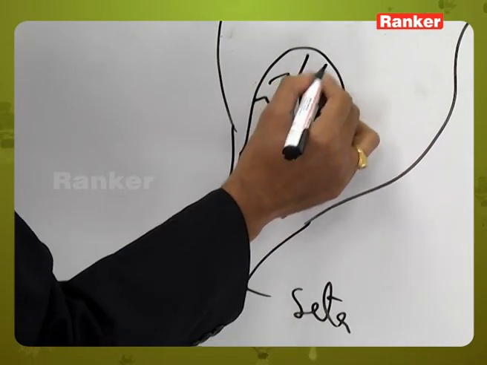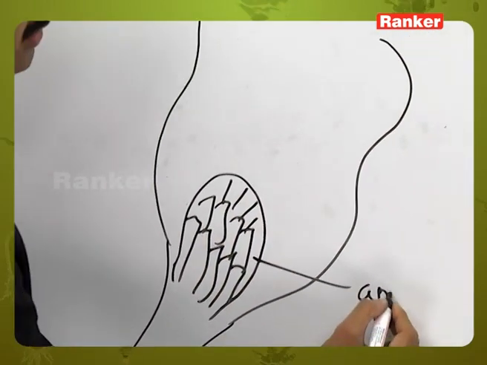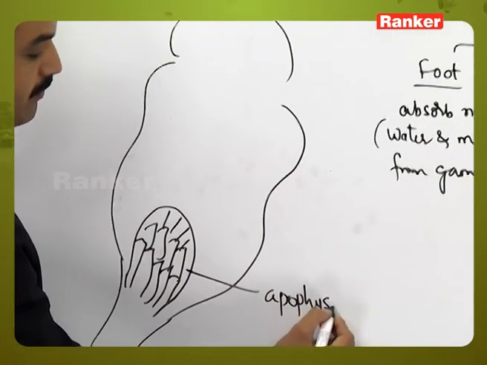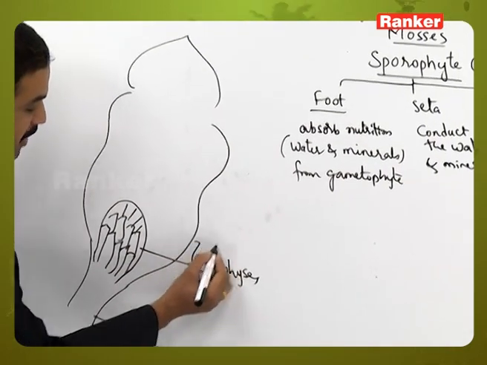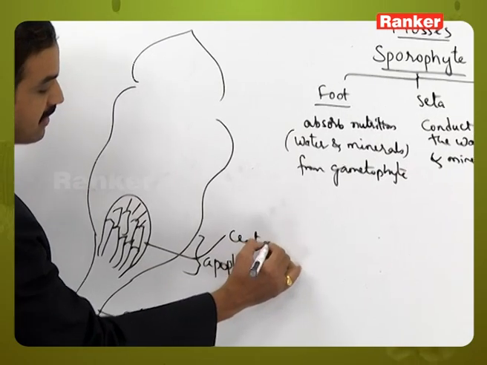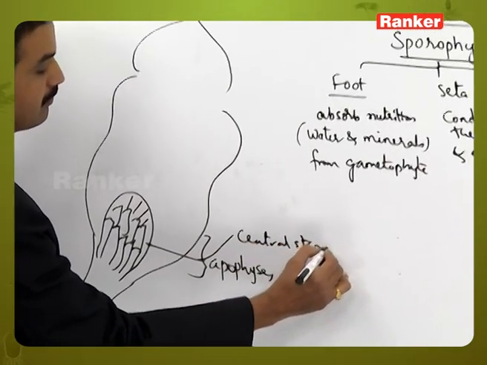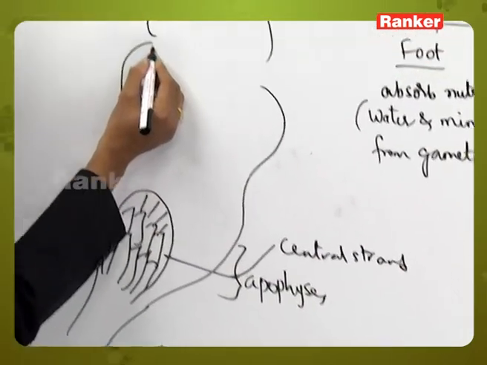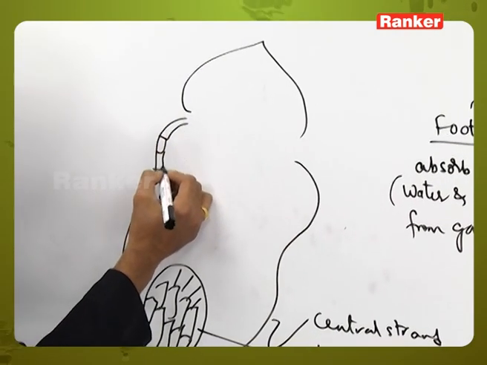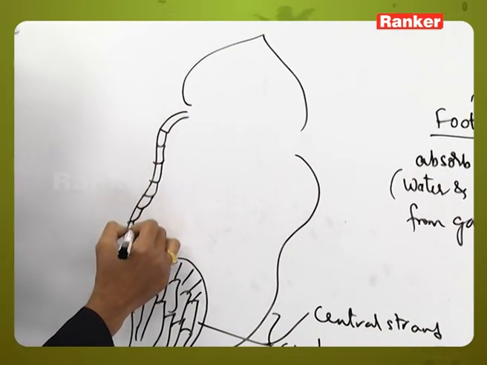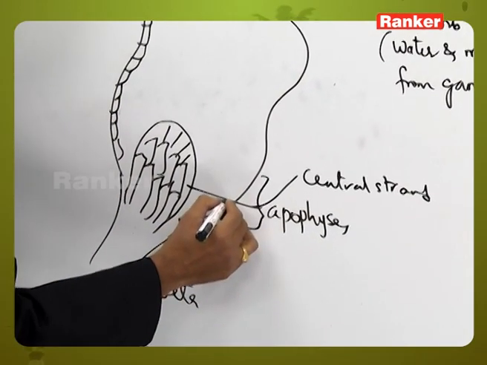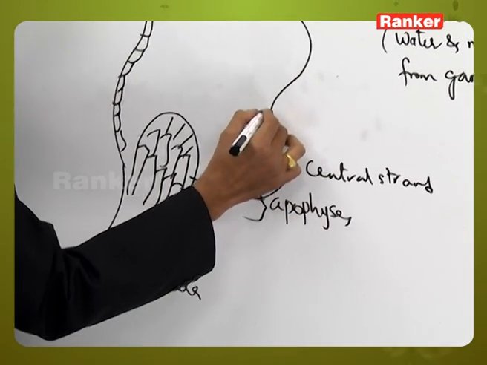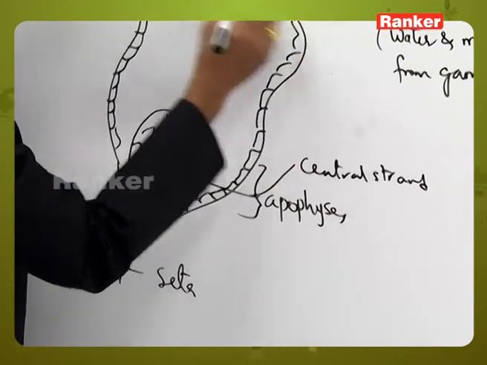The region containing vertically elongated cells is called the apophysis. This entire part is called apophysis, and the central part is called the central strand, and the thickness of the wall is made up of many cells thick. It contains epidermis and different types of layers.